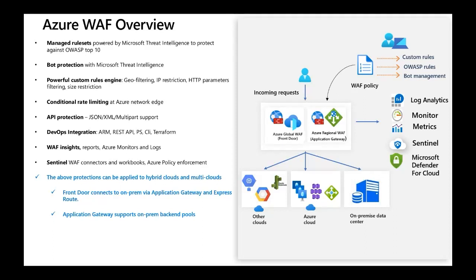So with these integrations, and with WAF running on Front Door, which is what we call the global level, and WAF running at the local, regional level on Application Gateway, you're able to have comprehensive security, not only within Azure, but also integration with other clouds and with on-premises backends. And again, we will explore how you can do that in the following sections.